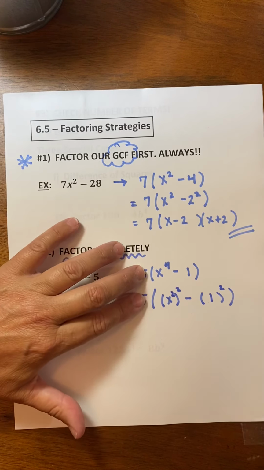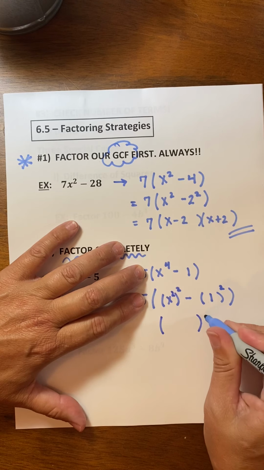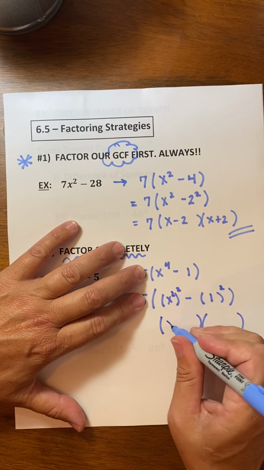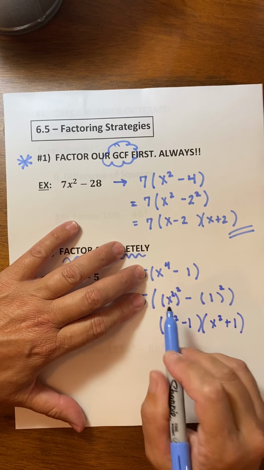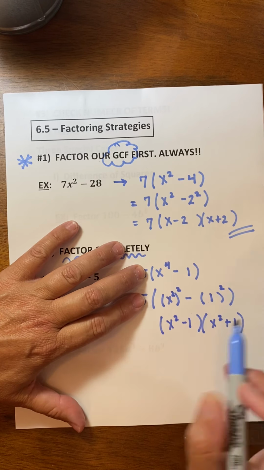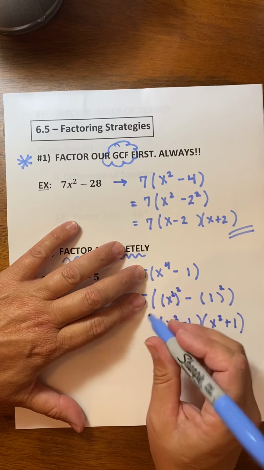So if we ignore the 5, x to the 4th minus 1 is x squared squared minus 1 squared. And we know that that factors. It's going to be x squared minus 1 and x squared plus 1, with the 5 out front.